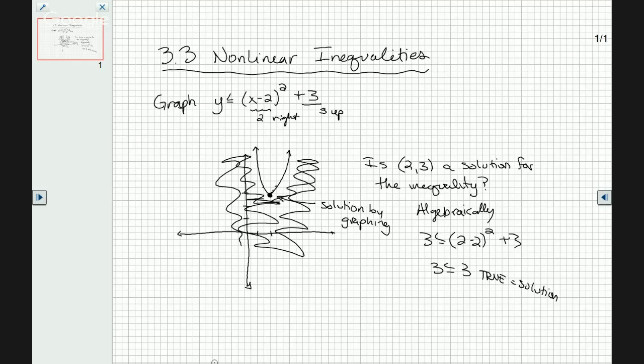Are there any graphs that you're having trouble with? Cubics, absolute values, square roots. Show the cubic. Okay. So let's do this one here, I guess.